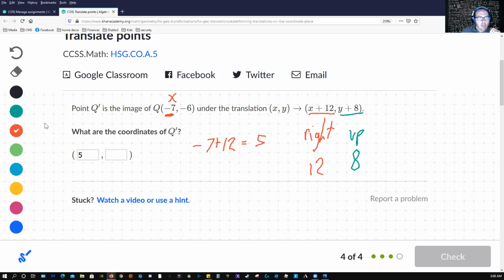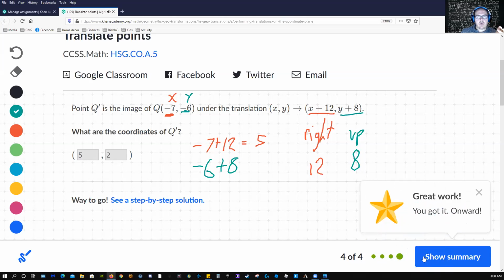Okay. Up 8 means that's going to be y plus 8, and the y value is the negative 6. So the negative 6 plus 8, which would be 2. And that's how it works.